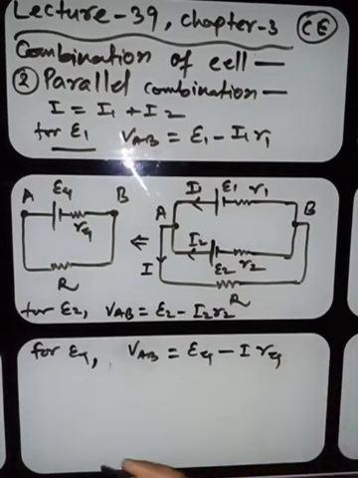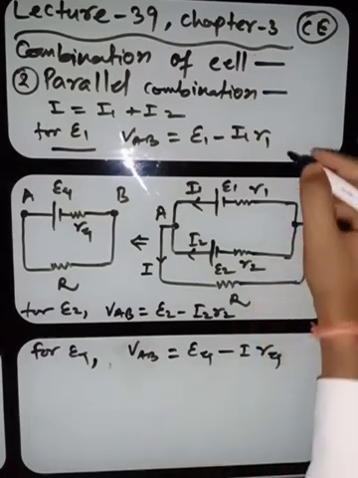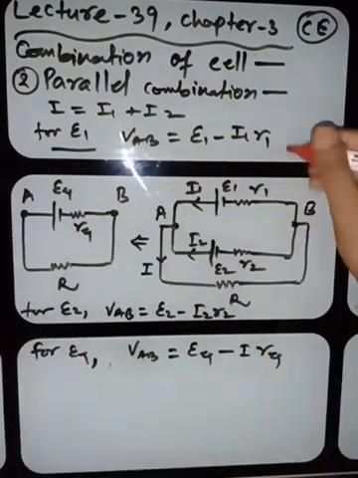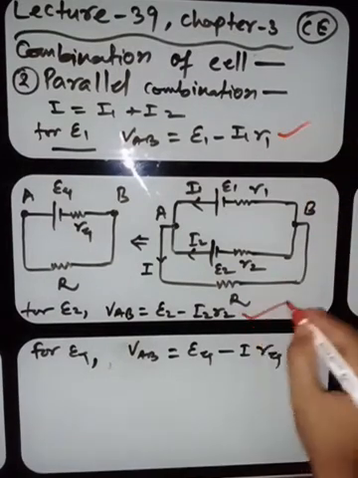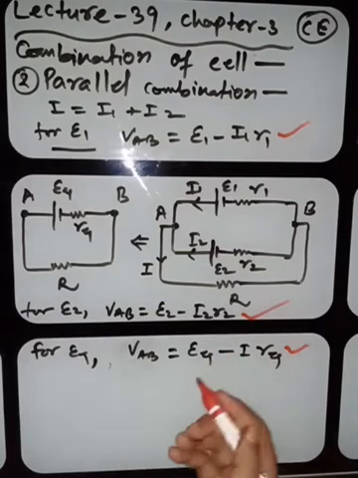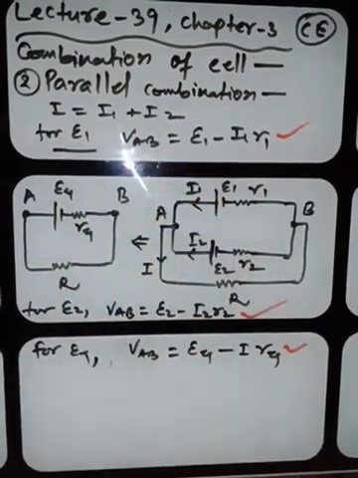Very simple. Okay. Now try to find out I1, I2 and I from these three equations. This will be your three equations: 1, 2 and 3. Try to find I1 and I2 and put them in I equals I1 plus I2.